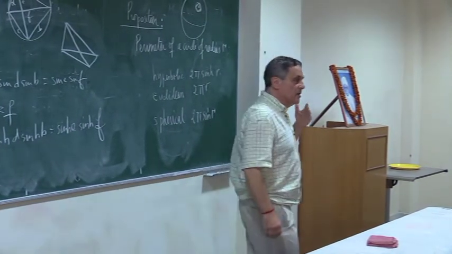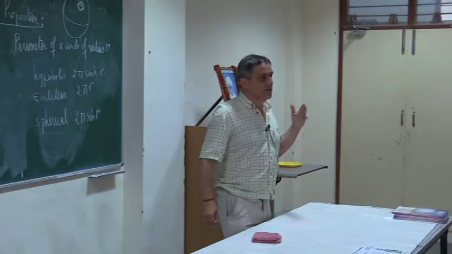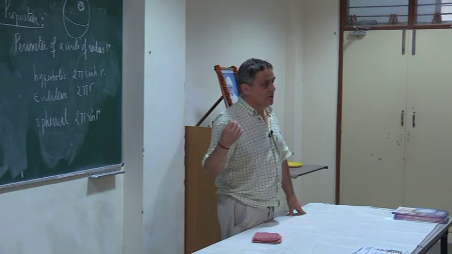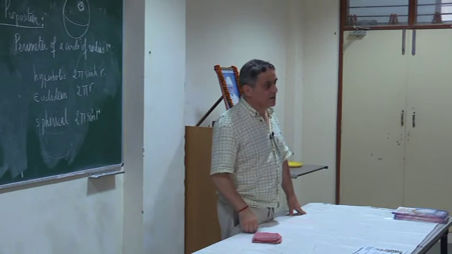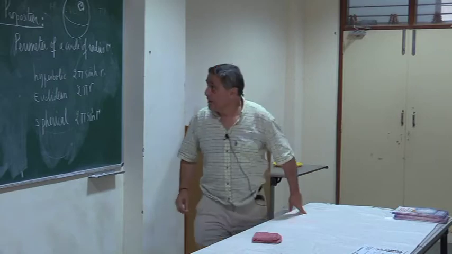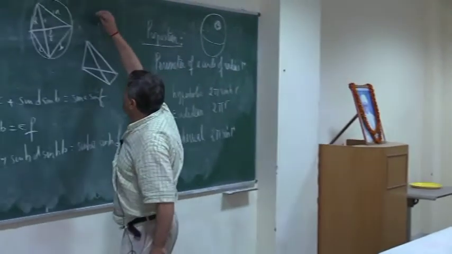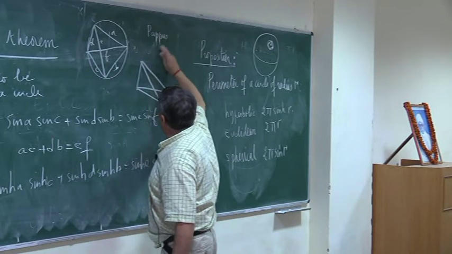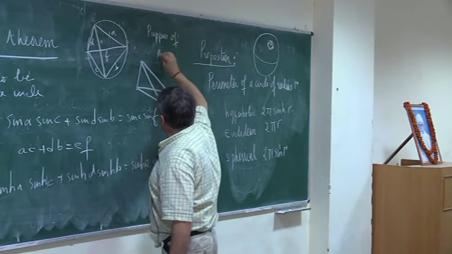And there are other theorems in Euclidean geometry which you can try. And Euler tried several theorems of Euclidean geometry. So he had a book. This is the book by Pappus of Alexandria.